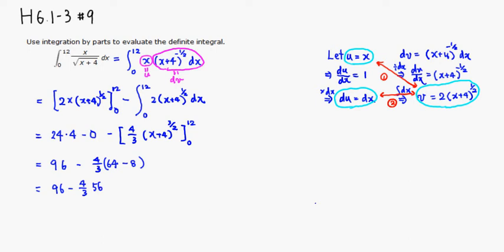Maybe we should take the common denominator, so that'll be 3. 3 times 96 is 288, minus 4 times 56, which is 224.